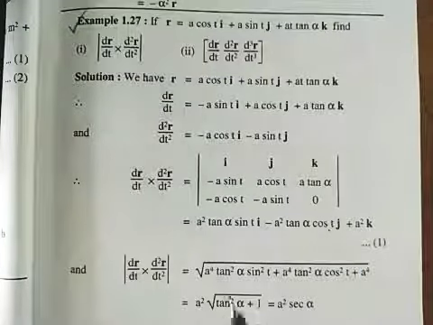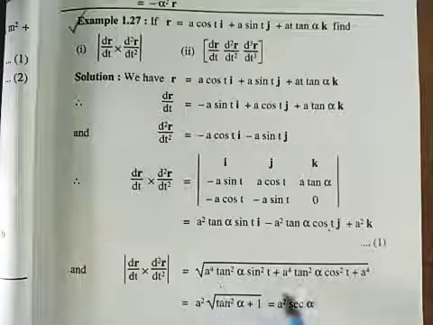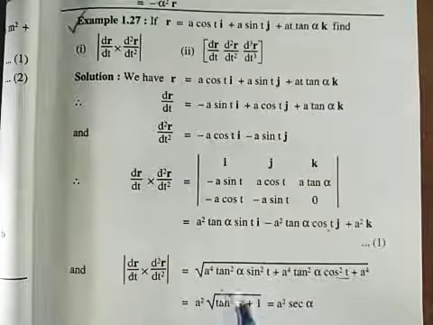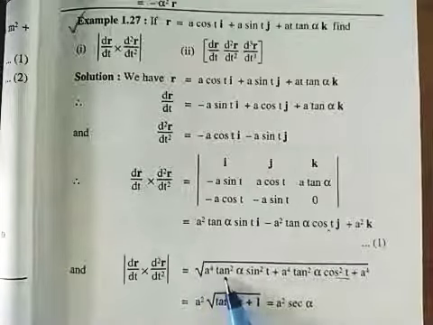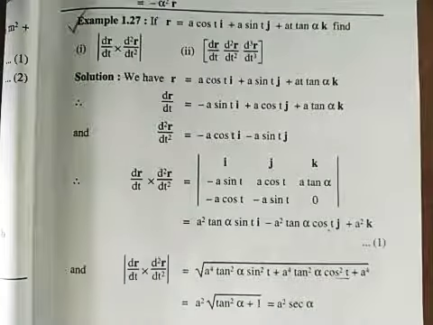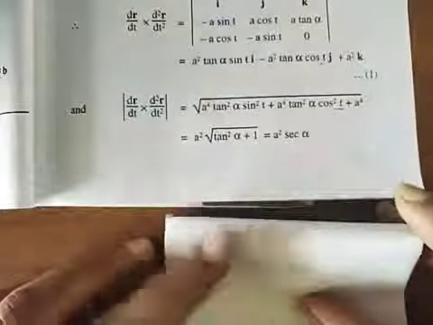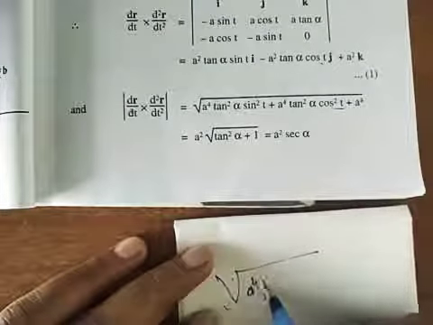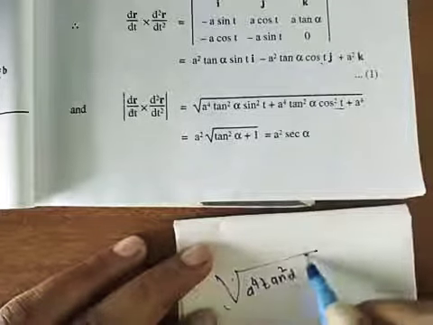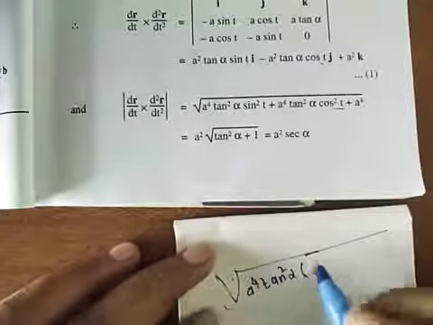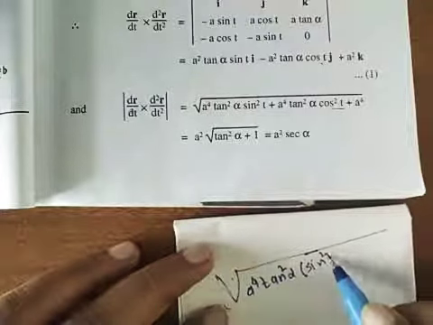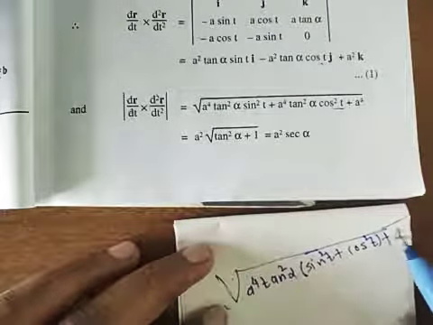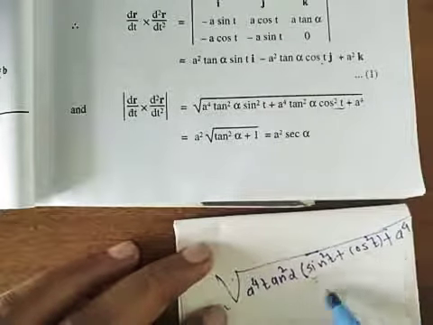So here you can see from these first two terms, we can take A raised to 4 tan square alpha common. So in bracket there will be sin square t plus cos square t, plus this last term A raised to 4 as it is. This value is 1.